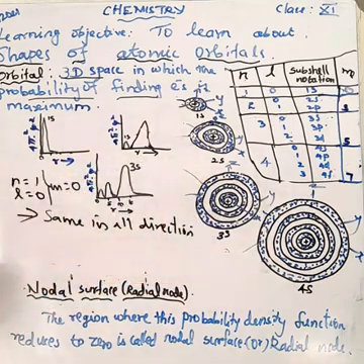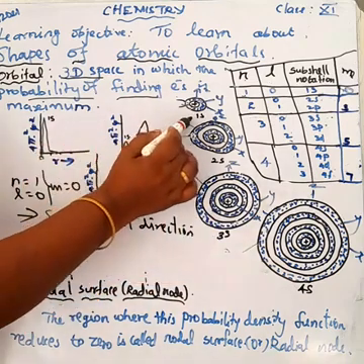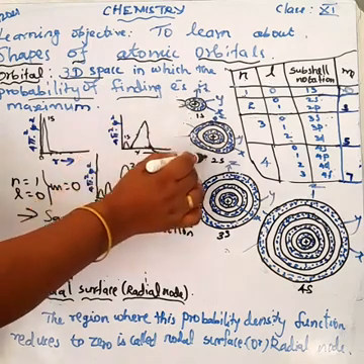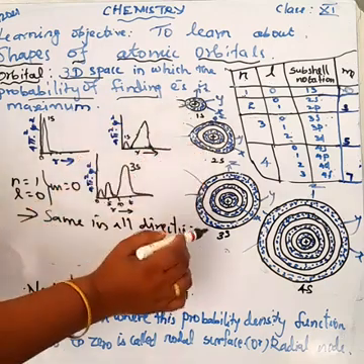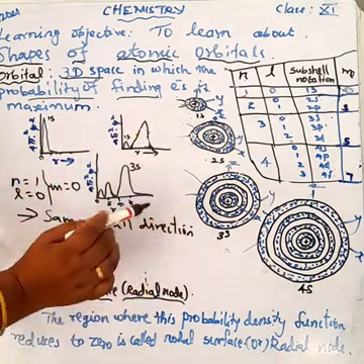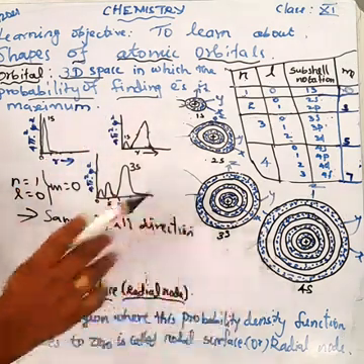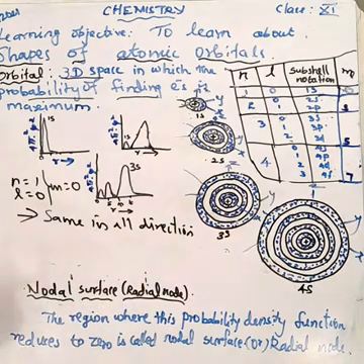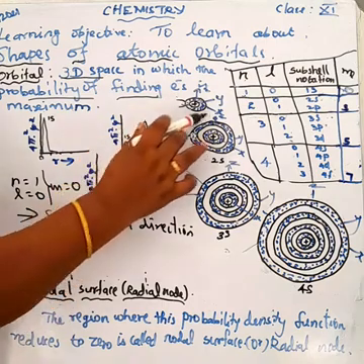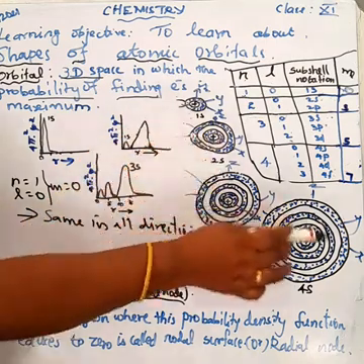When n is equal to 1, it is the 1s orbital; n equal to 2 means the 2s orbital; n equal to 3 means the 3s orbital; n equal to 4 means the 4s orbital. The greater the value of n, the larger the size of the s orbital.